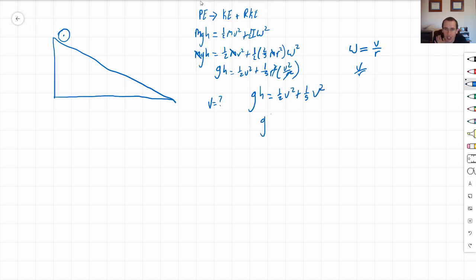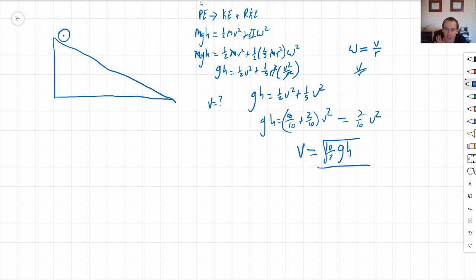And so I have gh equals 1/2 v squared plus 1/5 v squared, which would be 5/10 plus 2/10 v squared, which is 7/10 v squared. And so if I want the final velocity of this thing, v, it's equal to 10 over 7, right? We're going to invert and multiply that fraction, times gh, and we'll square root that.